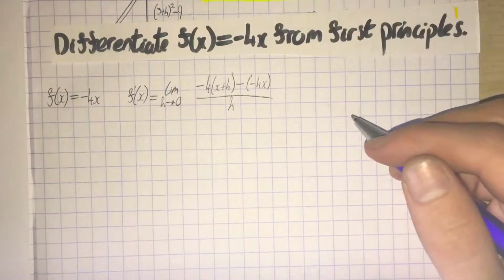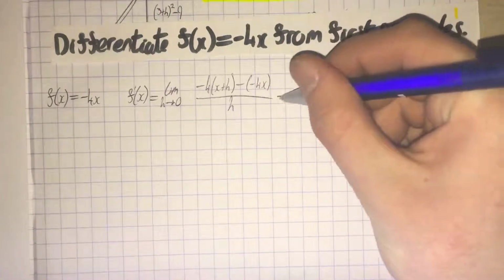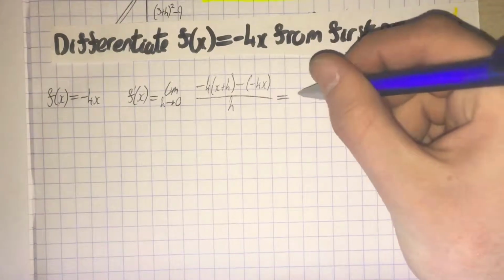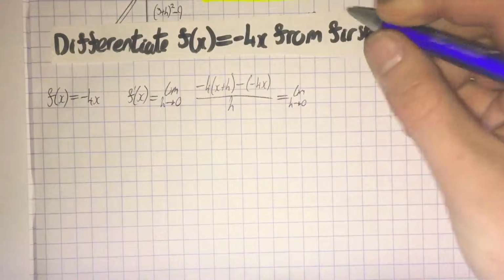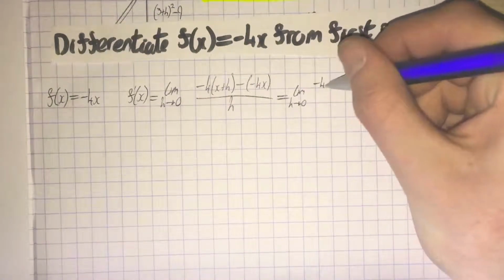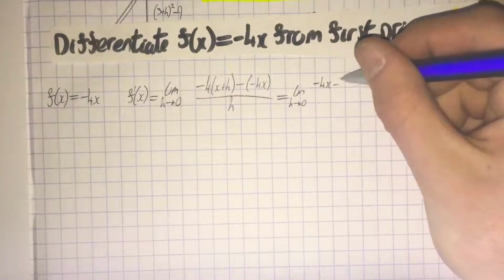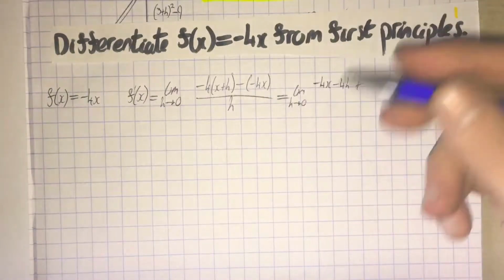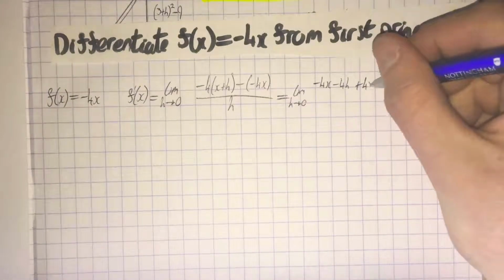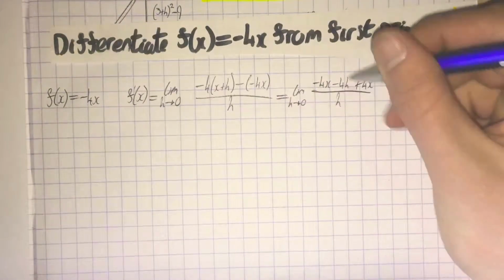And then you would expand. So let's do so. That will equal limits as h tends towards 0 of minus 4x minus 4h plus 4x, as minus a minus is of course a plus, all over h.